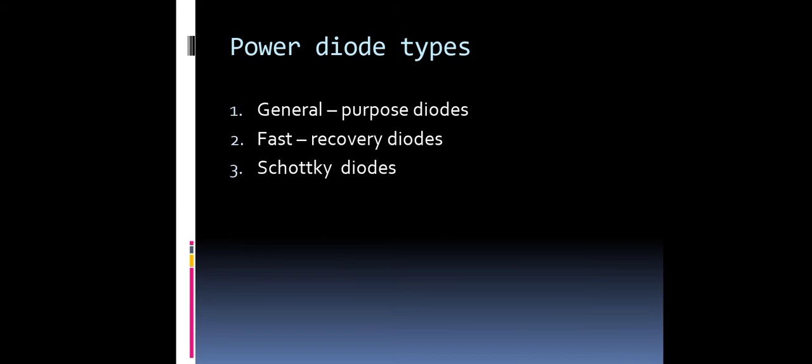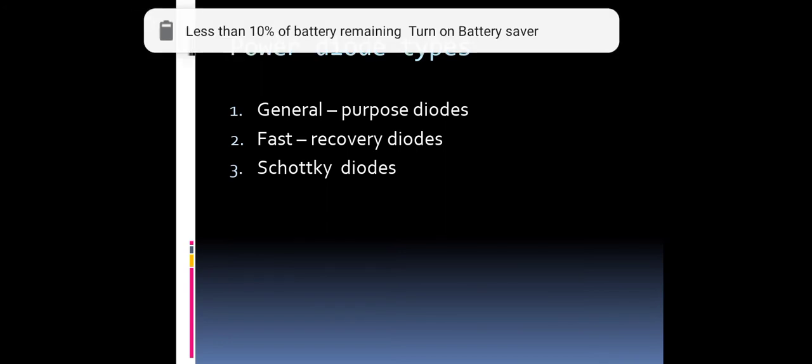The voltage rating is from 5 volts to around 3 kilovolts, and the current rating is from less than 1 ampere to hundreds of amperes. The voltage rating is about 400 volts.